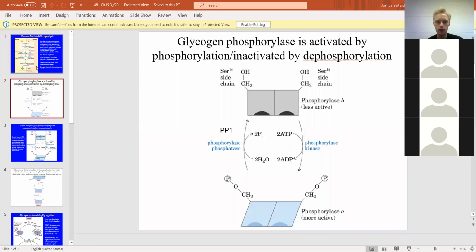So what we have here is glycogen phosphorylase. The keyword phosphorylase involves a phosphate attacking a glucose molecule so it can be cleaved off of glycogen. This enzyme is activated by phosphorylation and inactivated by dephosphorylation.